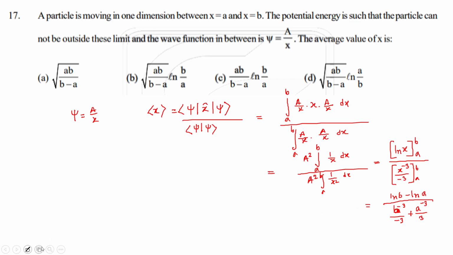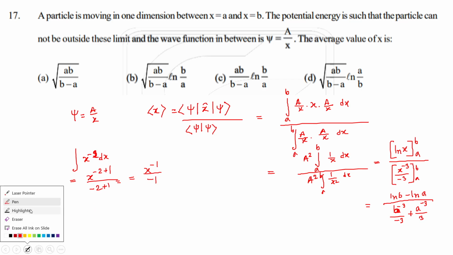I'm really sorry about that. So the integration of x to the power minus 2 dx would have been x to the power minus 2 plus 1 divided by minus 2 plus 1, that is actually x to the power minus 1 by minus 1.